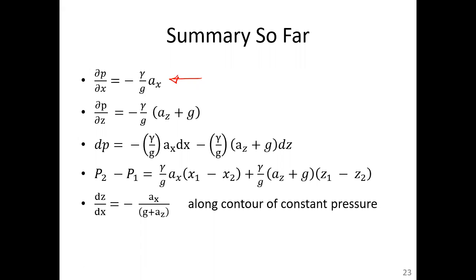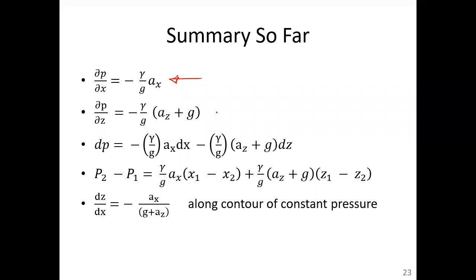Think of some finite fluid volume, like these little fish in a tank. When you move in one direction, just like the glass of beer sliding down the bar, with the horizontal acceleration you're deflecting the free surface. Now if you move horizontally from the free surface into the fluid, you're moving in a direction of increasing pressure.